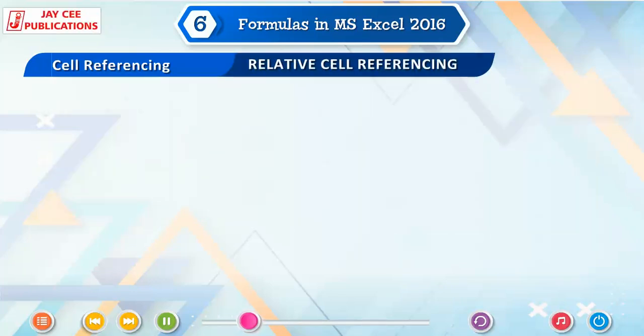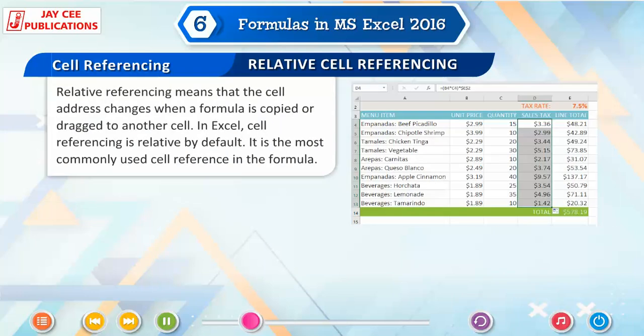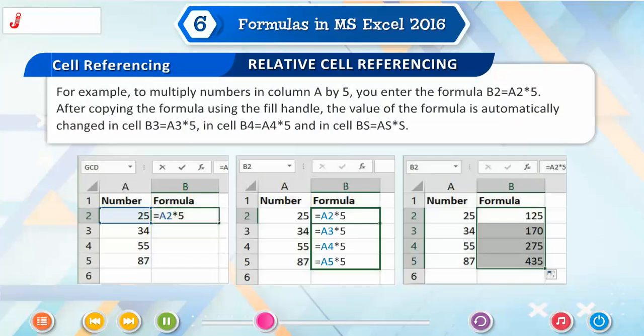Relative cell referencing. Relative referencing means that the cell address changes when a formula is copied or dragged to another cell. In Excel, cell referencing is relative by default. It is the most commonly used cell reference in the formula. For example, to multiply numbers in column A by 5, you enter the formula B2 = A2*5.